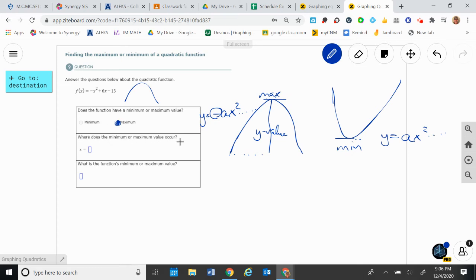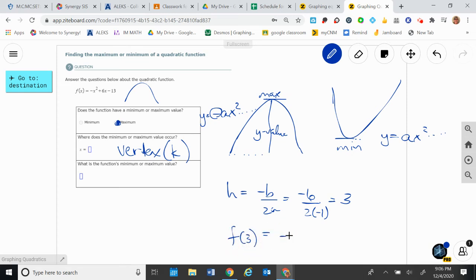Where does the maximum or minimum value occur? Basically what they're asking you for is the vertex, and they're asking you for the k. So all you need to do is your h equals negative b over 2a, which is negative 6 over 2 times negative 1, which is 3. Then you plug in the 3, f of 3, and you get negative 3 squared.